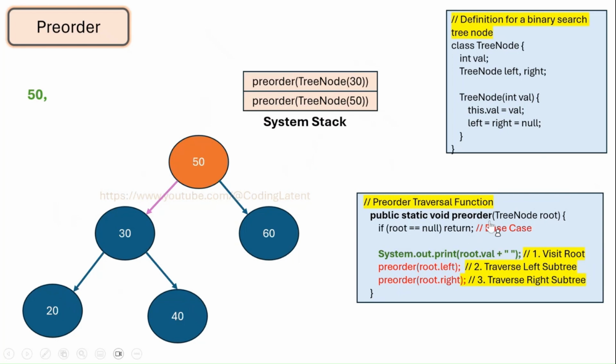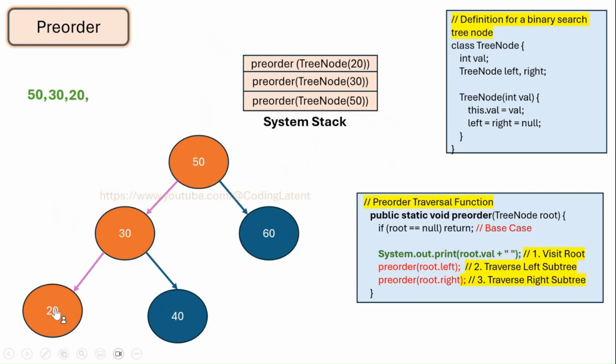Now the preorder function is executing with node 30 as a root, basically for this subtree as a tree. So we'll visit the root, which is 30 now, and then go to the left side of it. So preorder is called with node 20 as a root. The preorder function is executing with node 20 as a root, for this subtree.